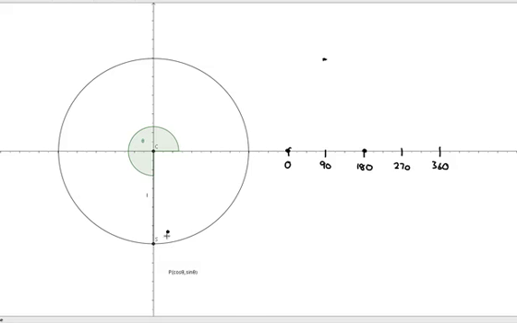So we've gone down to negative 1 for the value of sine theta. And then as we increase the angle still further from 270 to 360, the value of this y-coordinate increases from minus 1 back up to 0 at 360. So we're back up at 0 at 360.